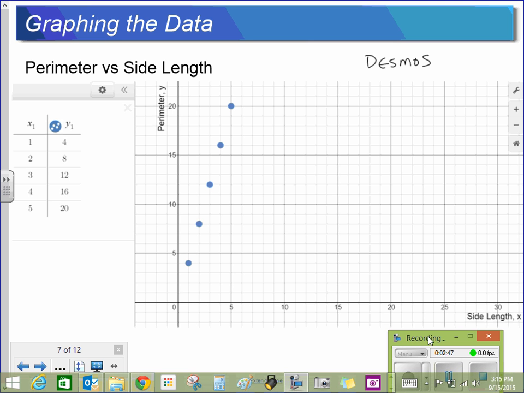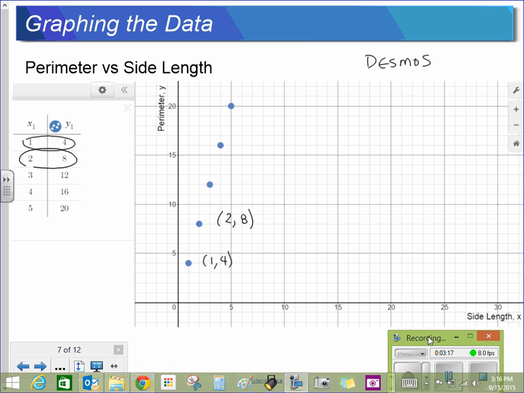You can use it on your computer at desmos.com, or you can download the app to your smartphone and use it there. Here's what my graph looks like. Notice that I just have the ordered pairs being labeled. For instance, 1 comma 4, 2 comma 8, and so on and so forth.